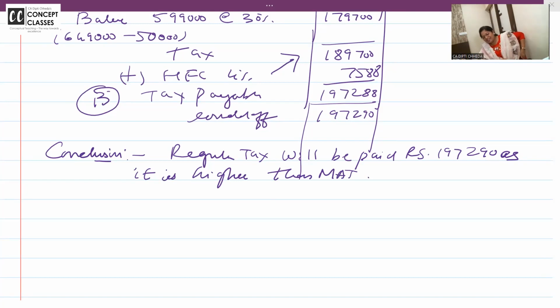I was expecting someone to ask this question. Ma'am, why was 1 lakh not deducted from long-term capital gain? Where is that deducted? Section 112A, long-term capital gain on listed shares where STT is charged, up to 1 lakh is exempt, remaining taxable at 10%. This is long-term capital gain on other assets.